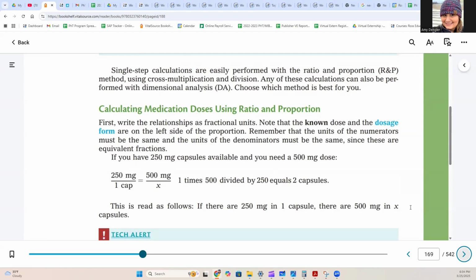Either way, you'd get the right answer, just a side note. The book tells you to put it on one side. Remember that the units of the numerators must be the same and the units of the denominators must be the same since these are equivalent fractions. So that's something really important to remember when using proportions. Whatever you have on the top is what you want to have on the bottom.